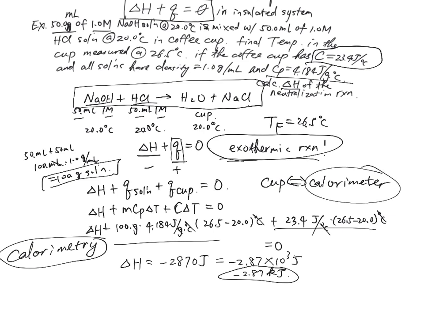So chemical reactions' delta H could be measured through calorimetry by making the chemical reaction happen in the calorimeter.